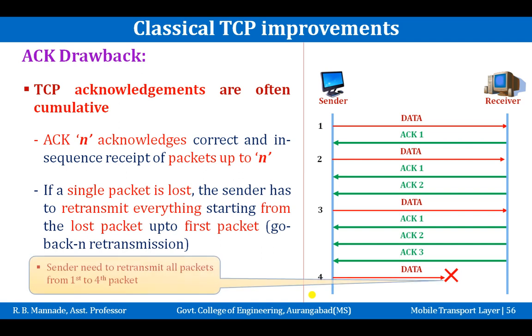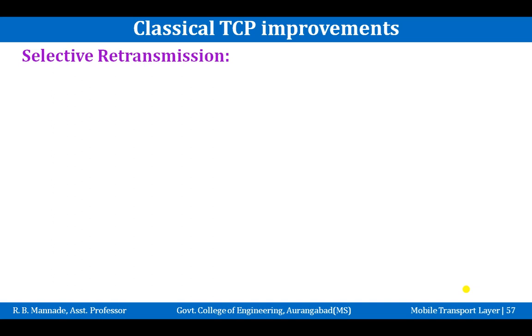So the sender needs to retransmit all the packets from the first packet up to the fourth packet, which was lost somewhere between the sender and receiver. This is the drawback of TCP acknowledgement.